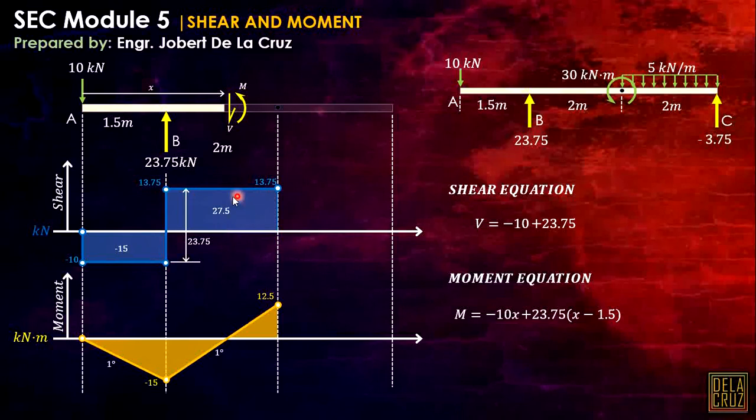So that 27.5 is just the abrupt change. We can use the equation, or we can use the principle. Negative 15 plus the abrupt change 27.5, that is positive because that is a positive area. So plus 27.5 will give us 12.5 at this point. We can use either the equation method or the area method.